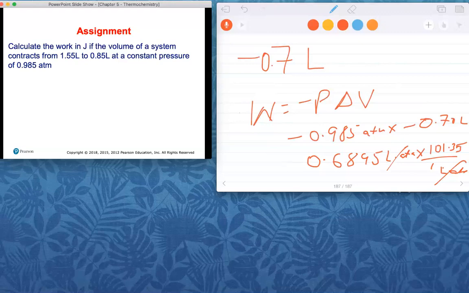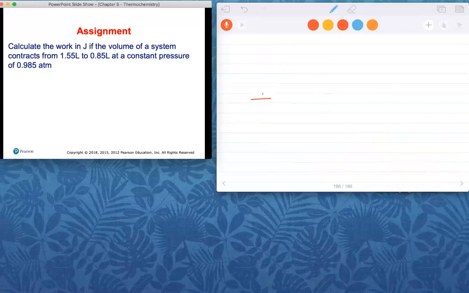That gives positive 69.84 joules. That means work is done on the system.